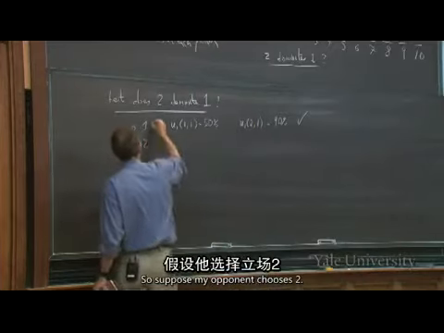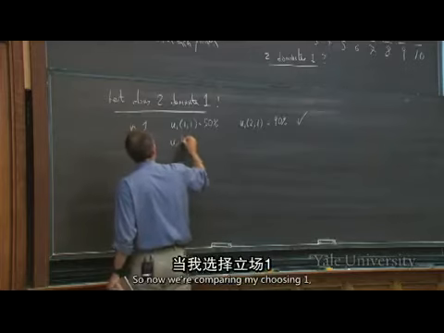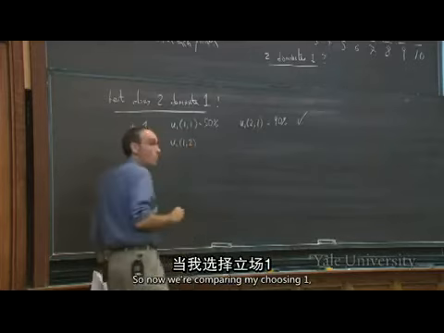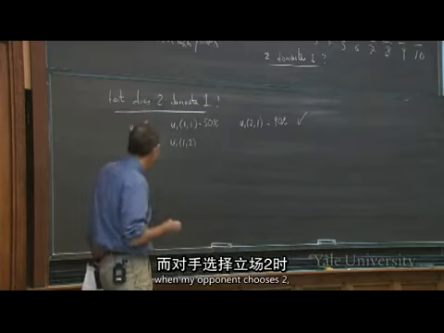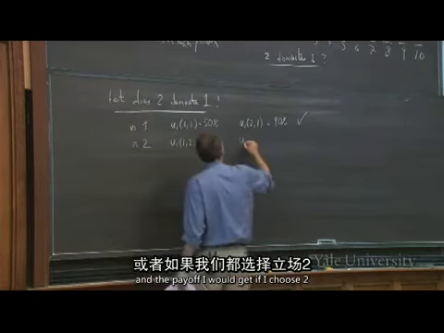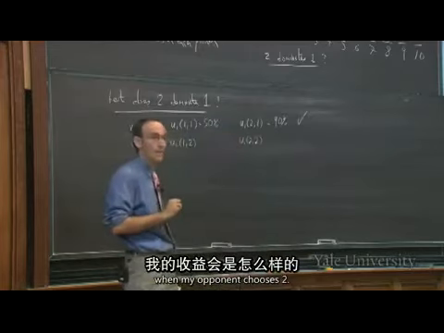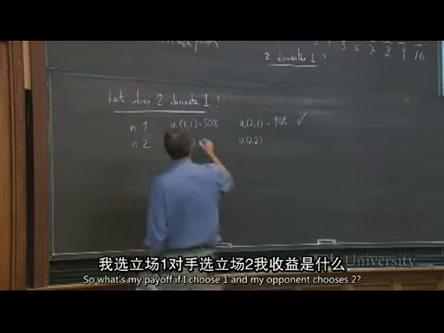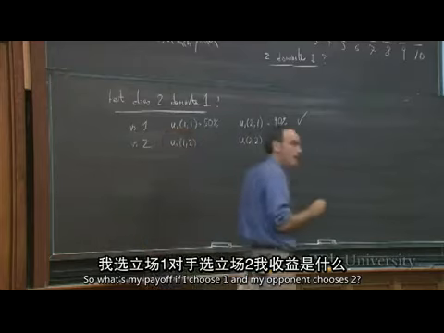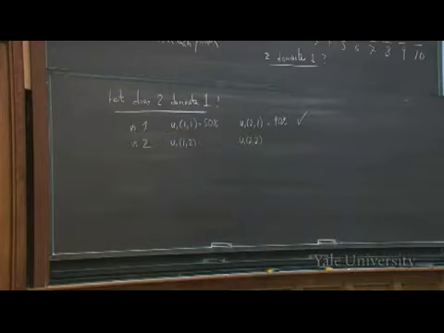So suppose my opponent chooses 2. So now we're comparing my choosing 1 when my opponent chooses 2, and the payoff I would get if I choose 2 when my opponent chooses 2. Okay? So what's my payoff if I choose 1 and my opponent chooses 2?